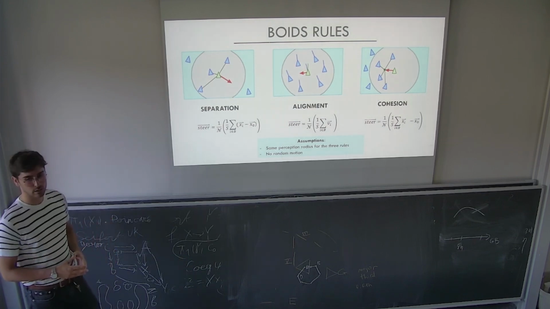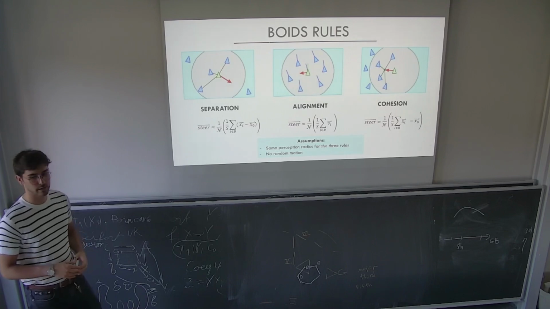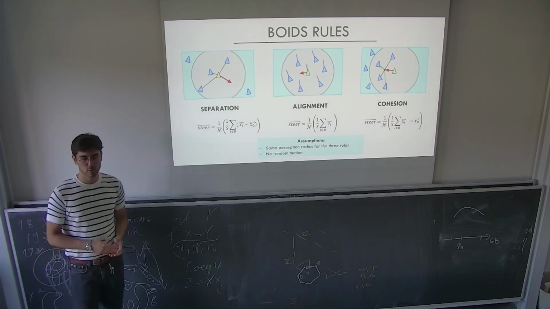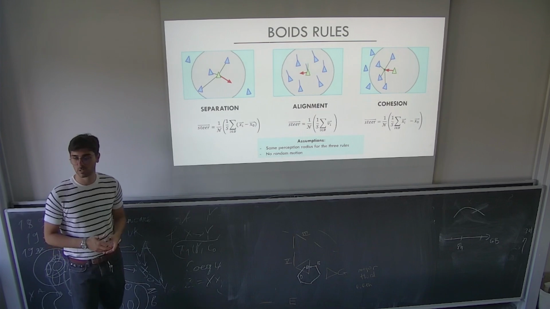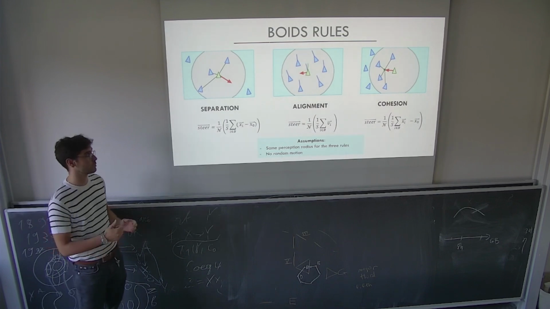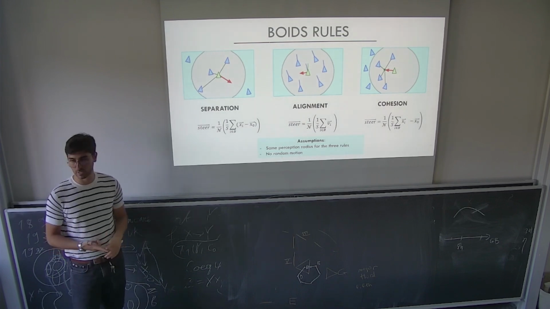And also, it is important to define how we define the neighborhood. Usually, there is one perception radius per rule, so one separation radius, one alignment, and one cohesion radius.